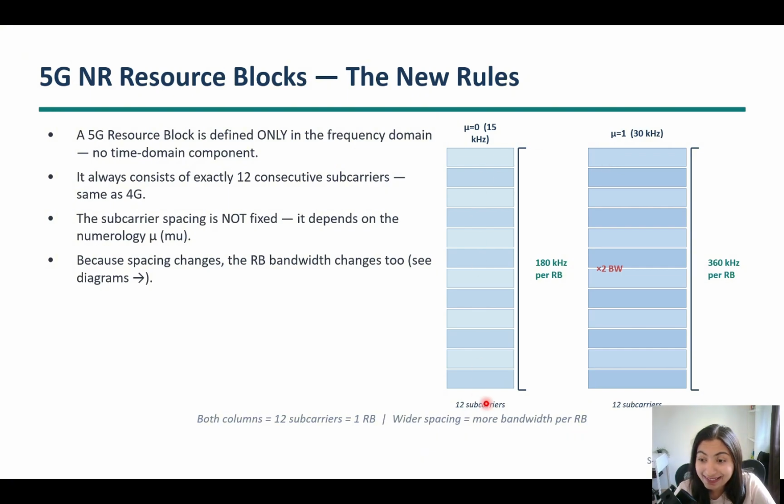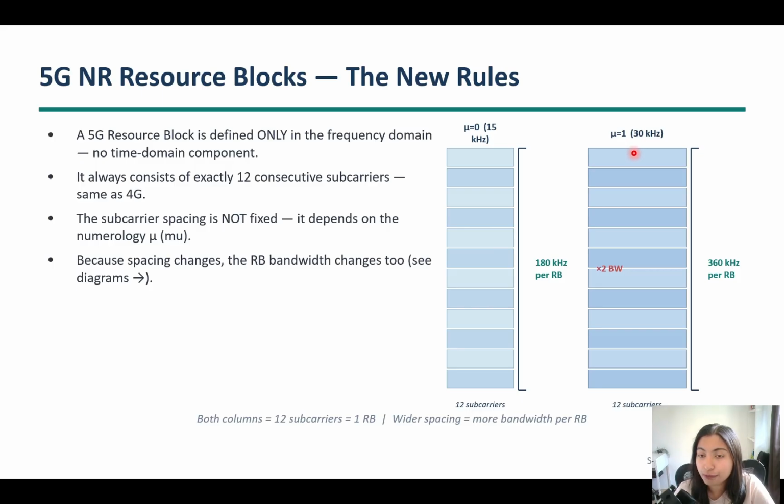But because the spacing is doubled in numerology 1, the total bandwidth per resource block is also doubled. For numerology 0 with 15 kHz subcarrier spacing, the total bandwidth occupied by this resource block is 12 times 15 kHz, which corresponds to 180 kHz per resource block.